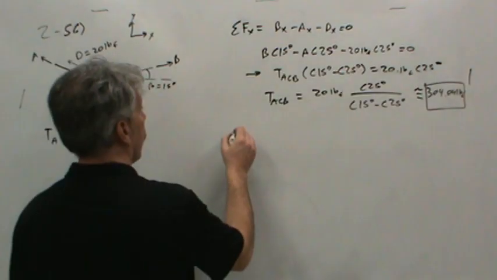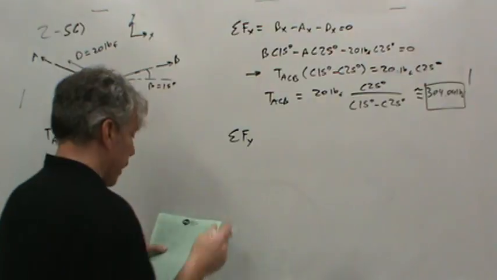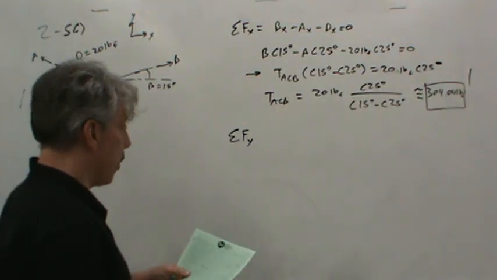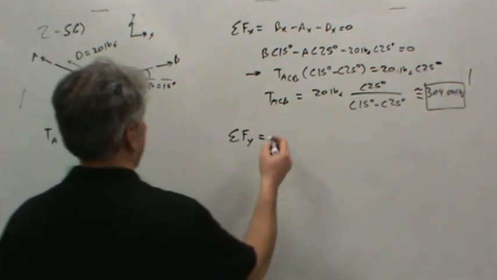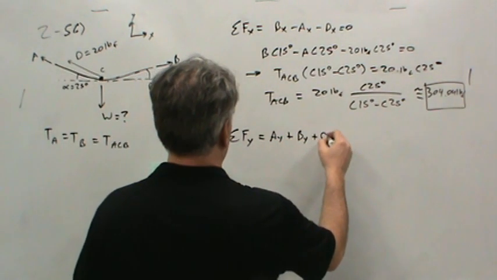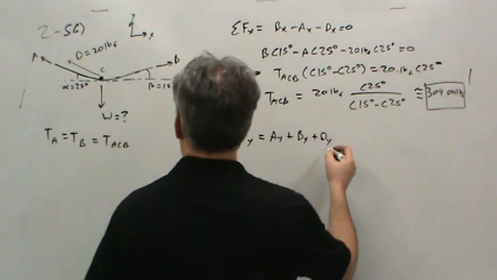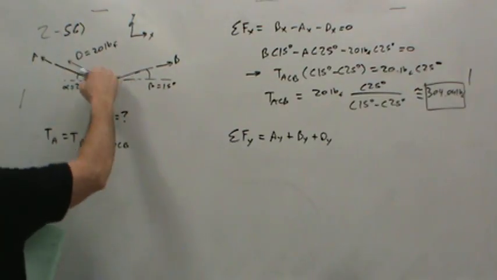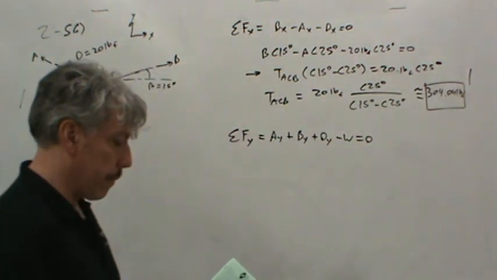Now what about the weight of the boatswain's chair and the sailor? For that we sum forces in the vertical direction, with y pointing up. Ay plus By plus Dy, and all of those forces point upward except the weight, which points downward. So minus weight, and that sum has to come to zero.